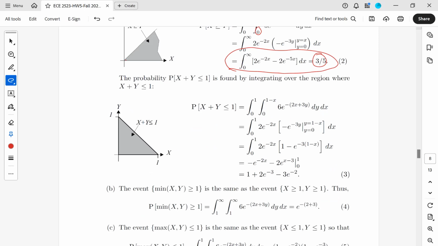Same concept goes for the next event, x plus y less than 1. We have the margin for y. Based on that margin, if x plus y is less than or equal to 1, and y is limited to 1 minus x, basically you could see that x is going to be limited to 1.